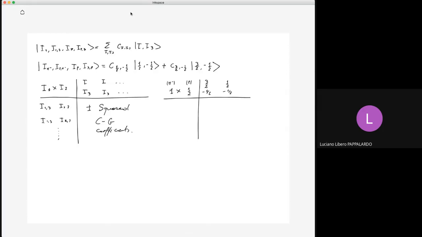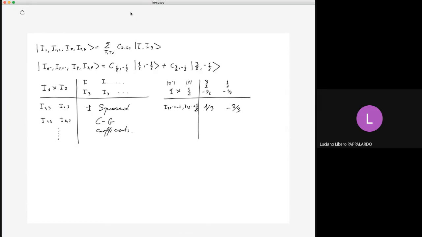Then we have the partial third components: I3 of the pi minus is equal to minus 1, and I3 of the proton is equal to plus 1/2. By looking at this specific subtable, we should get the values of the squared Clebsch-Gordan coefficients, which turn out to be 1/3 and minus 2/3.